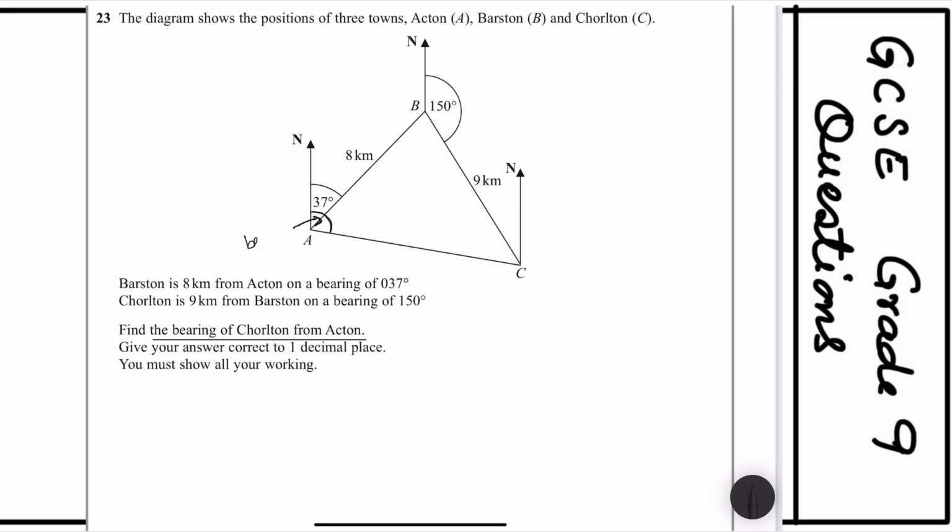But in this question we have part of an angle outside the triangle, 37 degrees, and let's take the angle inside the triangle as x. So the whole bearing will be 37 degrees plus x. 037 because we need to represent bearing in 3-digit format.